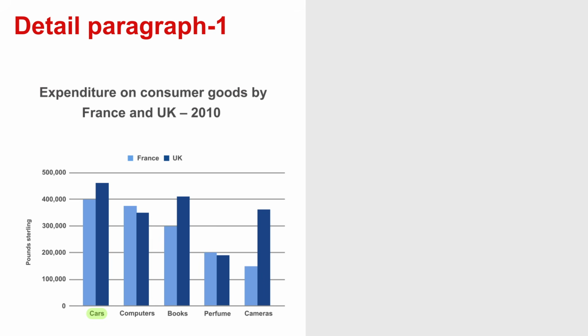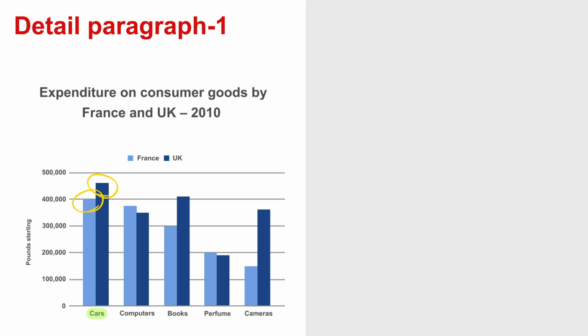As you can see, for French, the French population spent around 400,000 pounds on cars, all right? While, as you can see, British spending was more than, let's say, France, and it was around 70,000 pounds more, all right?